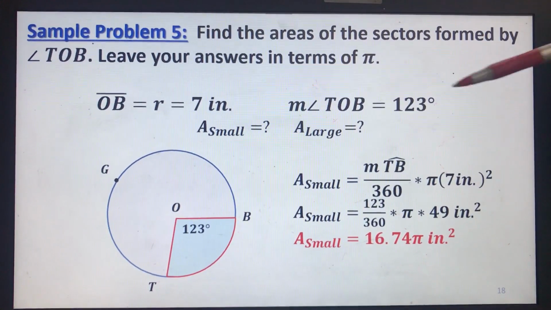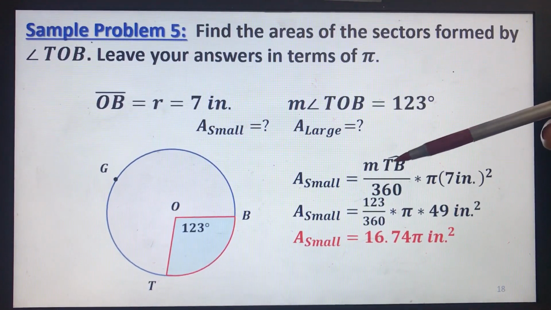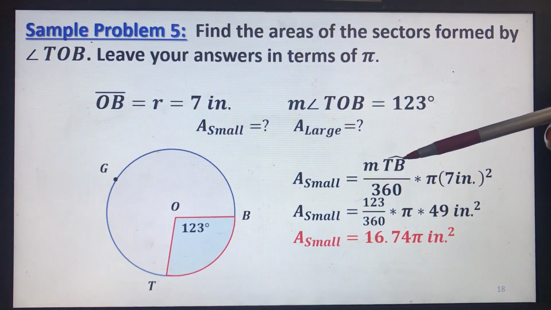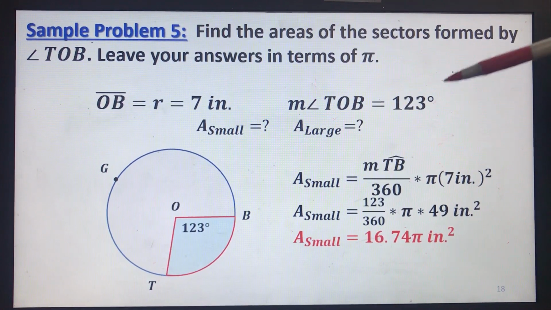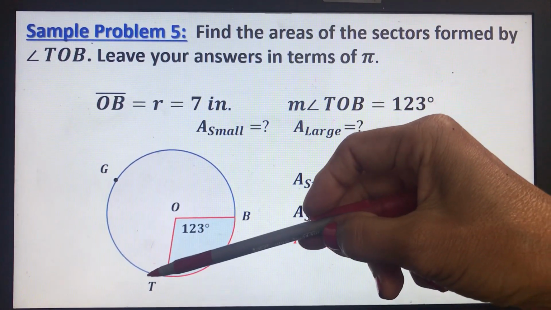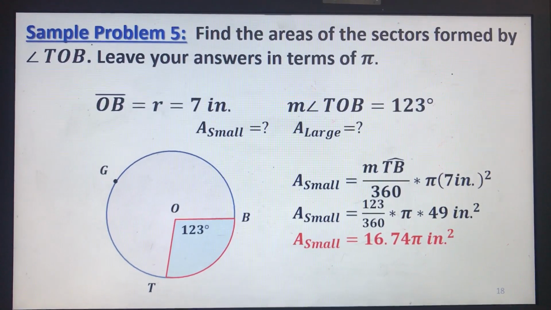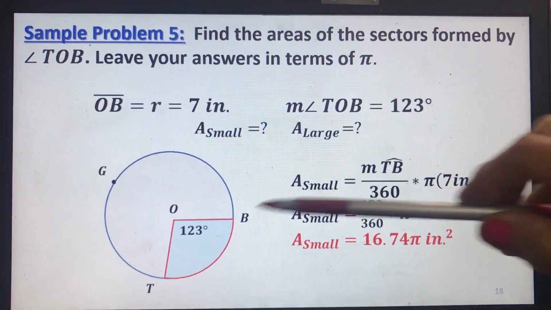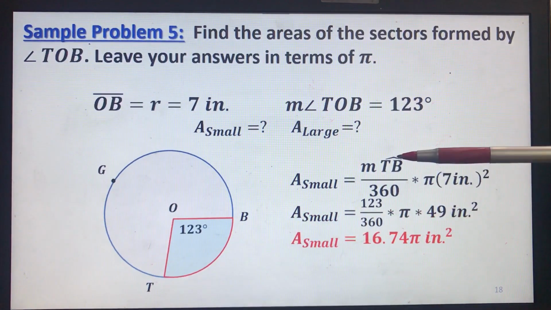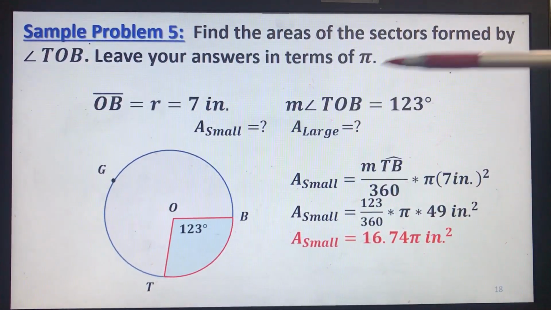Now that we know the measure of minor arc TB and the measure of major arc TGB, we're ready to find the area of the small sector and the area of the larger sector.